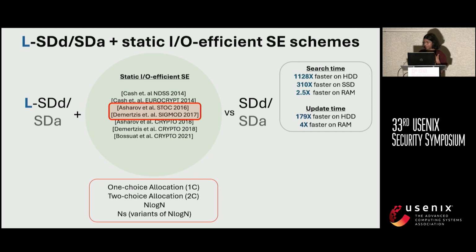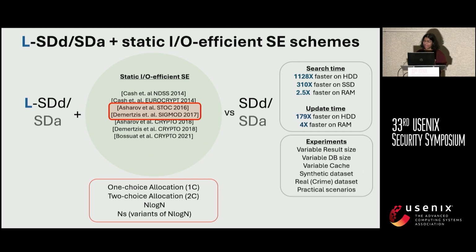They perform a bit better on RAM as well. We did our experiments in various settings like variable result size, DB size, and cache, with both synthetic and real datasets, and with various practical scenarios.